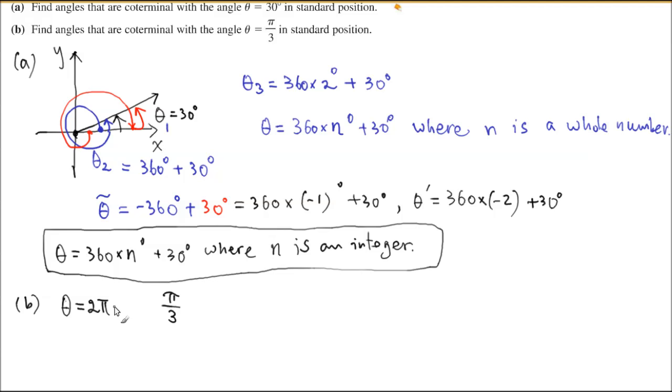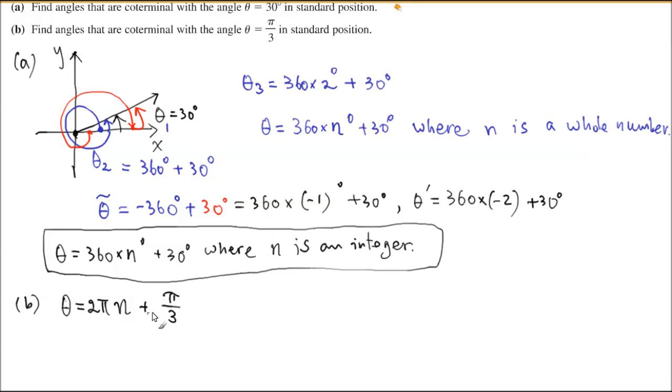Half a rotation is pi. 2 pi is a full rotation. Remember, I think I didn't do this here before. One full rotation is 2 pi radians and 360 degrees, right? So, what is 2 pi multiplied by? Another letter, right? What is that? n. And plus or minus?